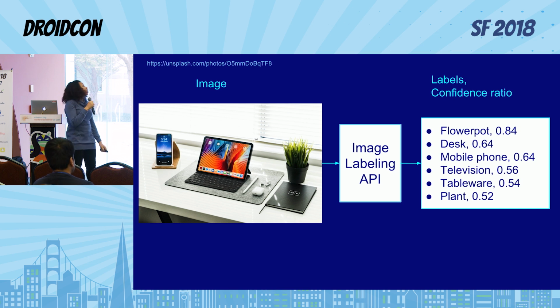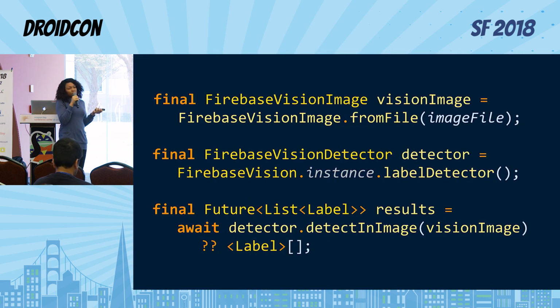So this is Dart. It's pretty much similar to how you have code on Android or iOS because it's a Firebase library, so it's very, very similar. You have a Firebase Vision image class. What I'm doing here is I already have read an image into a file, and then I'm reading that image from the file, and I'm using my Firebase Vision library to detect the labels.